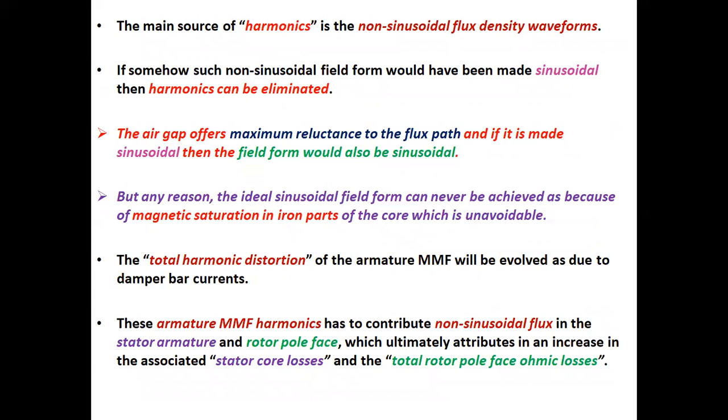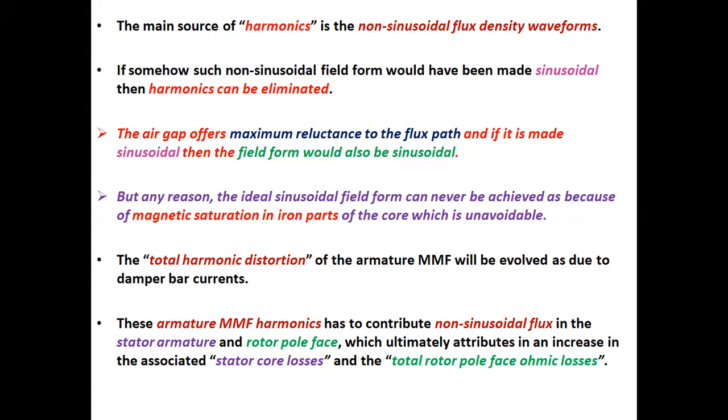The main source of harmonics is the non-sinusoidal flux density waveforms. If such a non-sinusoidal field form were made sinusoidal, then harmonics could be eliminated.